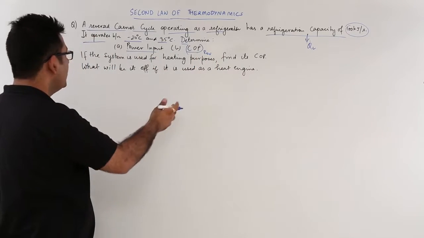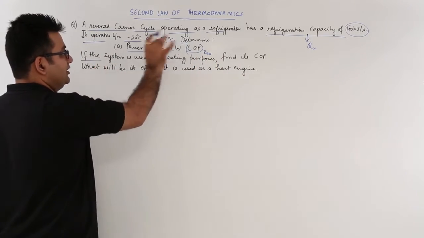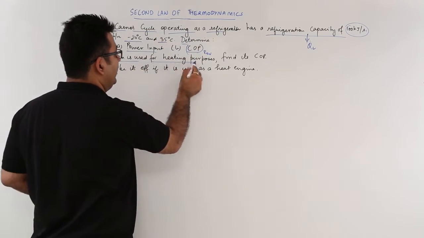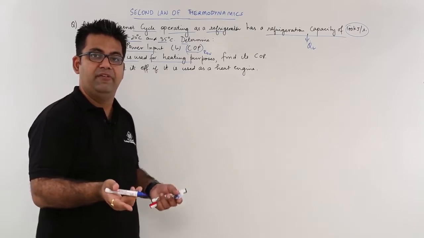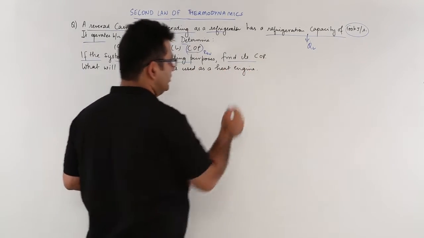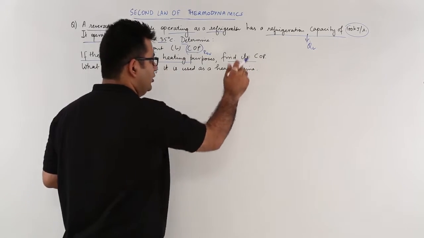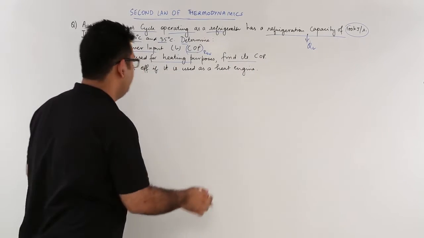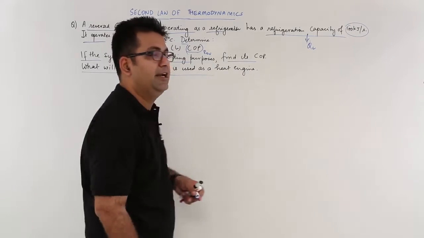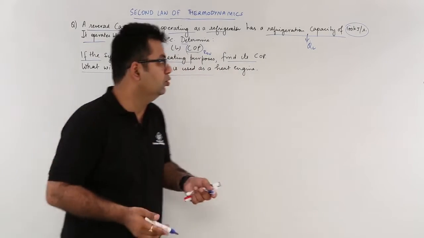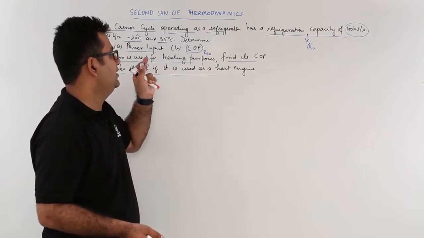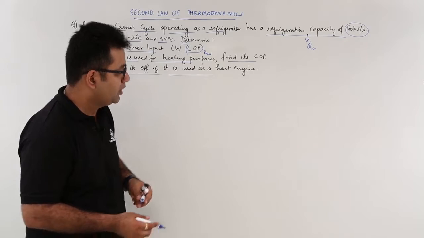Next part is, if this system of a reversed Carnot cycle is used for heating purposes, means we need to use it as a heat pump, then what would be its COP? And then what will be its efficiency if it is used as a heat engine? So we are making use of one system as a refrigerator, as a heat pump, and then as an engine. Let's start.